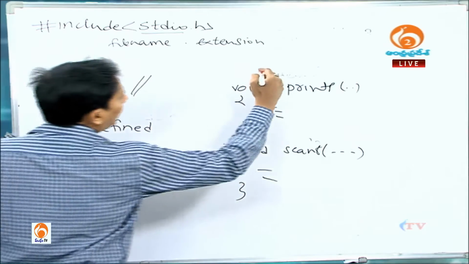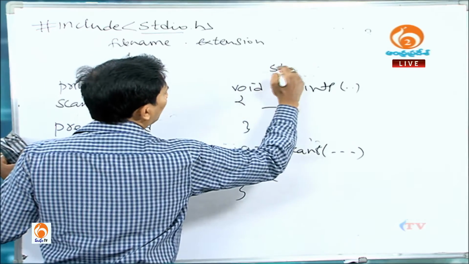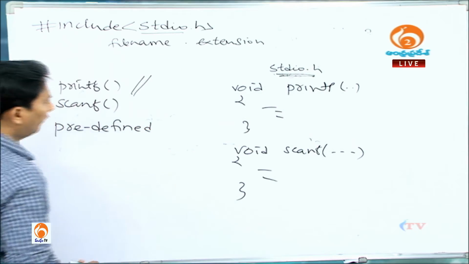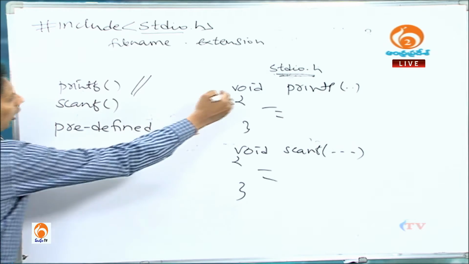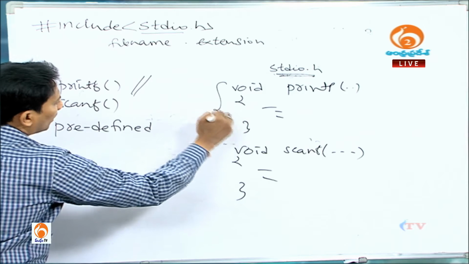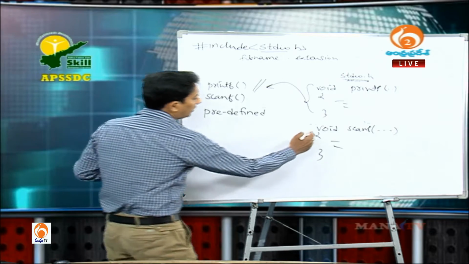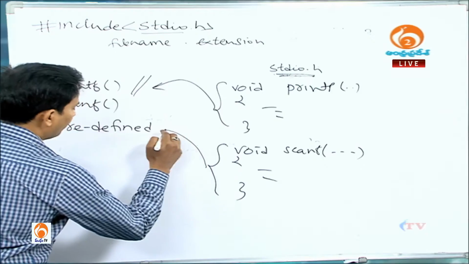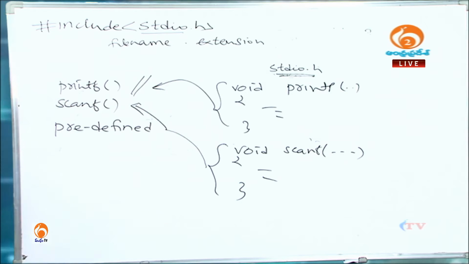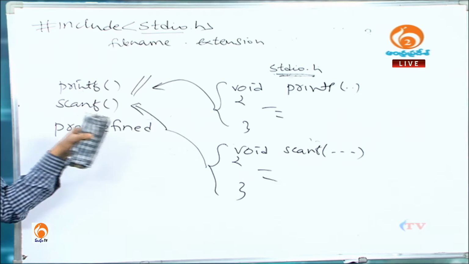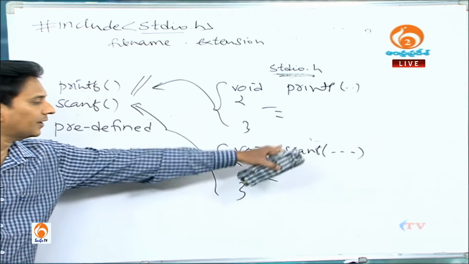where the file name is stdio.h. This is the file name. So whenever this function is called, all the code is substituted here. Code is substituted at the place of the function call. In the same fashion, all the code available in the scanf function, this is the definition of the scanf function.